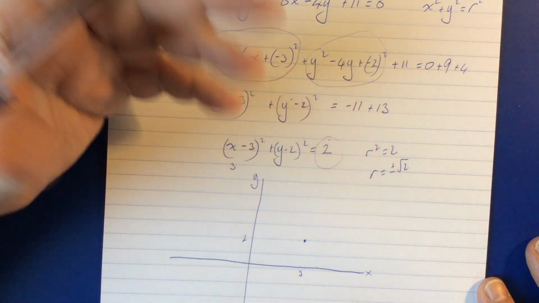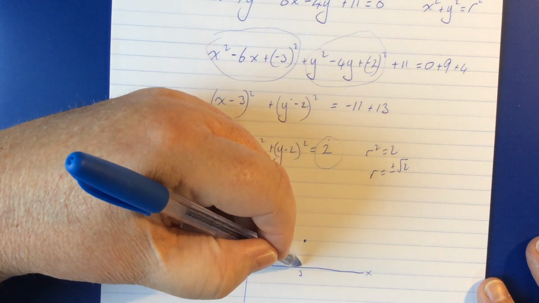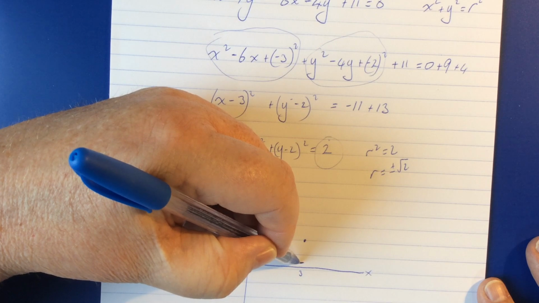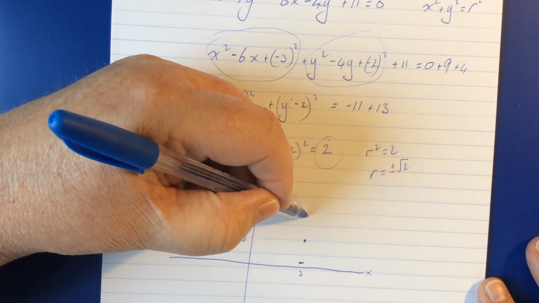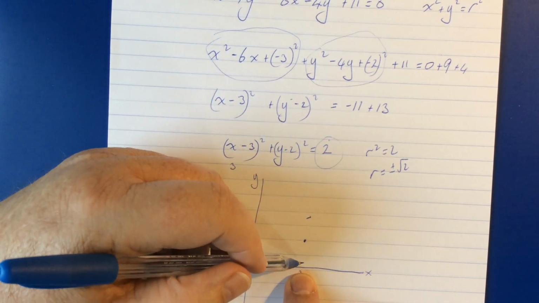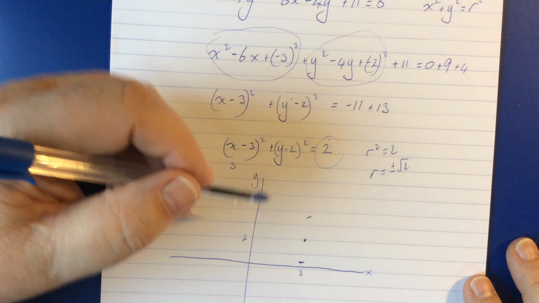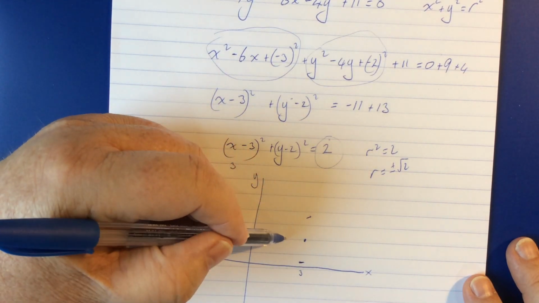So the square root of 2 is about 1.4 something. So what we know immediately is that we have a lower bound of our circle here and an upper bound somewhere here. But basically this thing does not touch the x-axis. So there's no real solution for x here, as I warned.